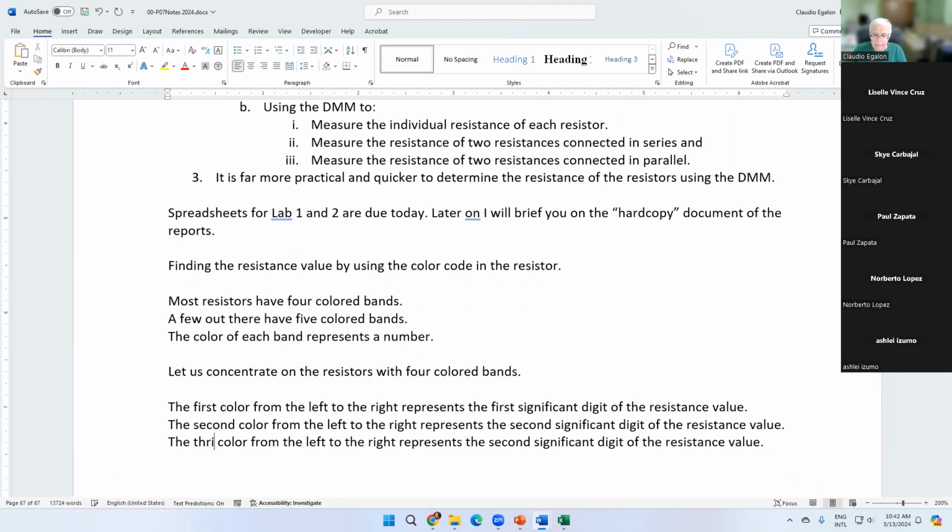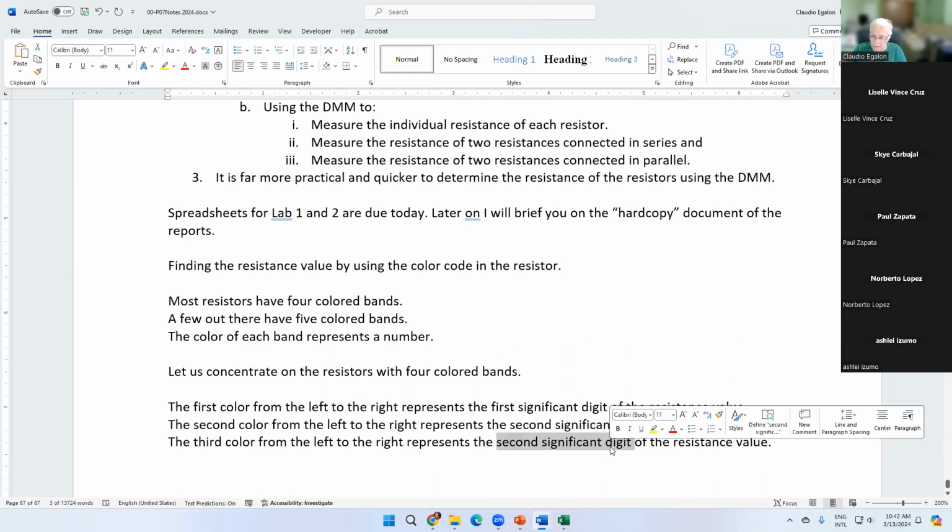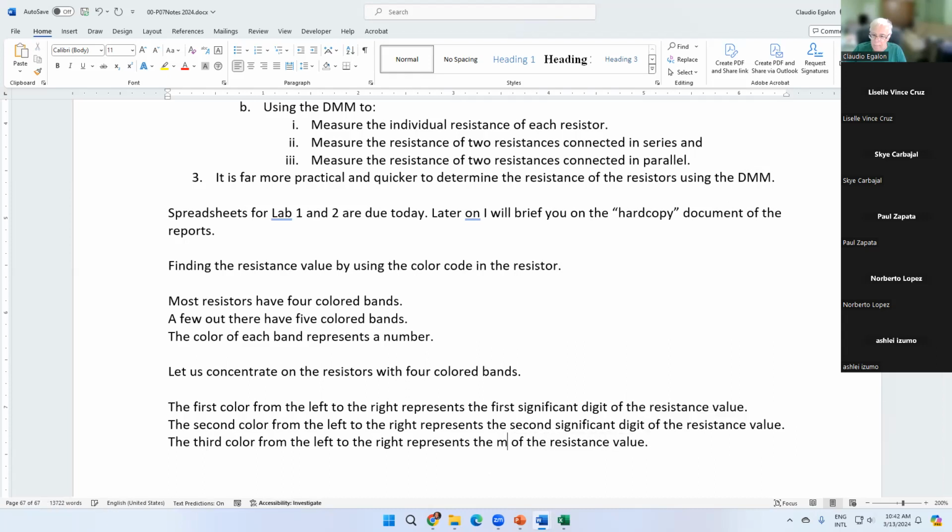The third color from the left to the right represents not the third significant digit, but the multiplicative power in the base of 10 of the resistance value.